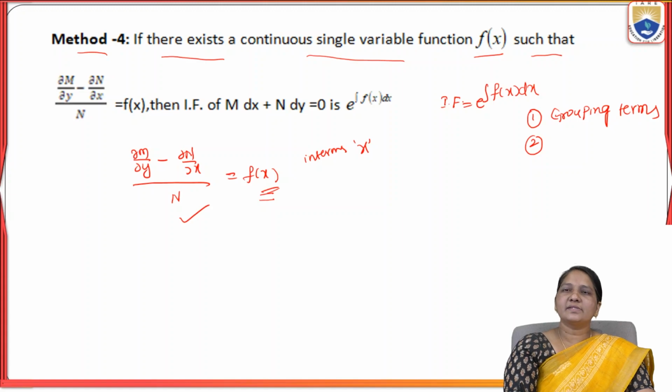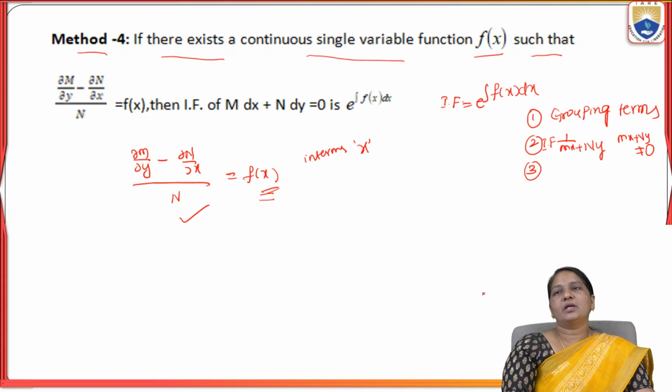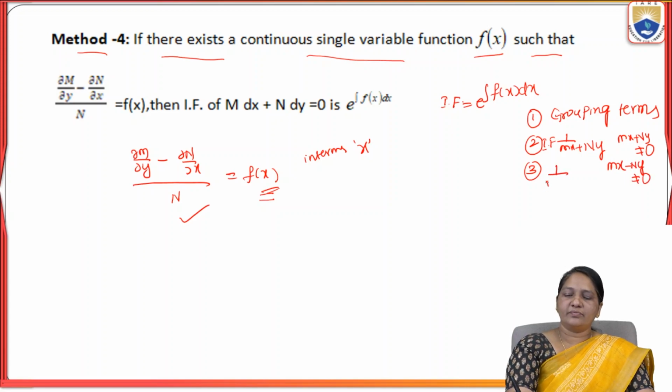After that, in the second method, if Mx plus Ny is not equal to 0, then 1 by (Mx plus Ny) is the integrating factor. In the third method, if Mx minus Ny is not equal to 0, then the integrating factor is 1 by (Mx minus Ny), and one condition is there: the equation should be homogeneous.